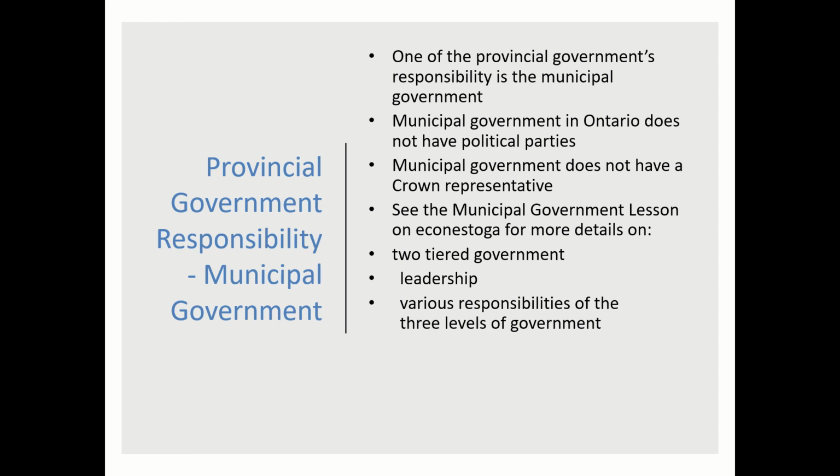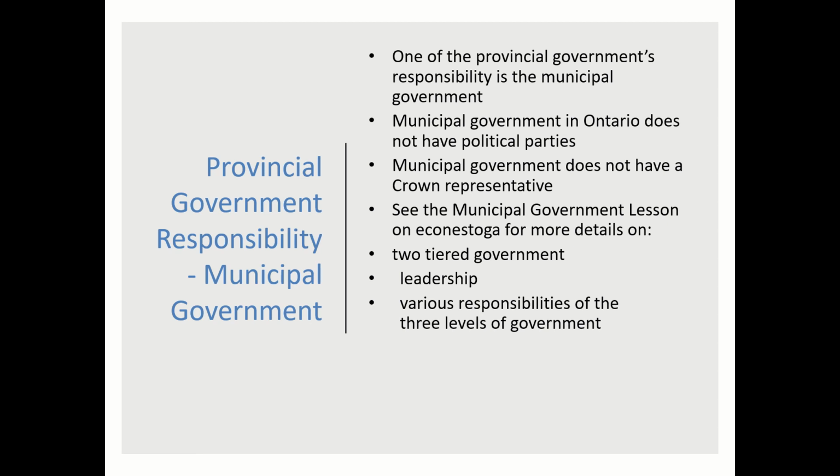Municipal governments don't have parties. They have generally mayors. The municipal government also does not have a crown representative. There's no representative for the Queen at every single city, just at the provincial level.